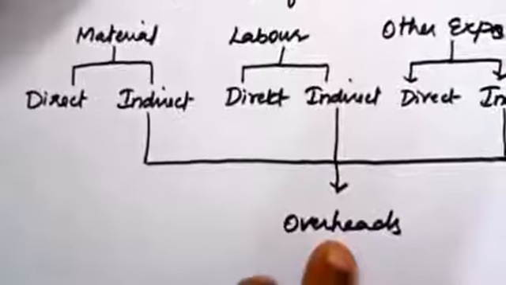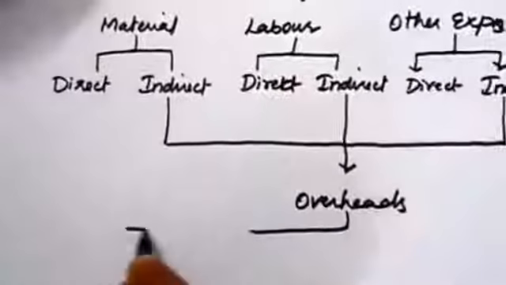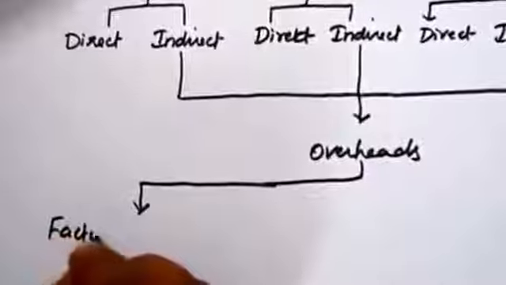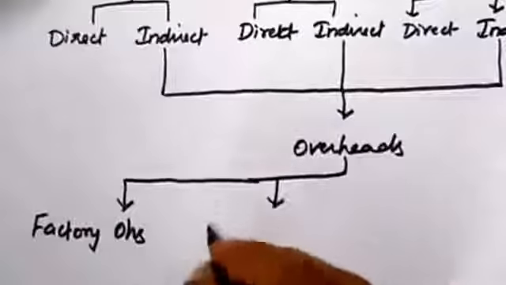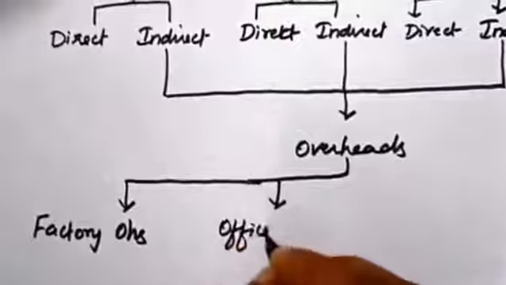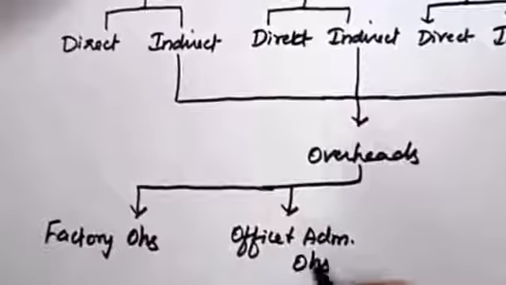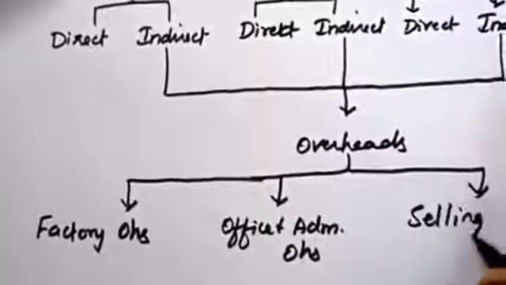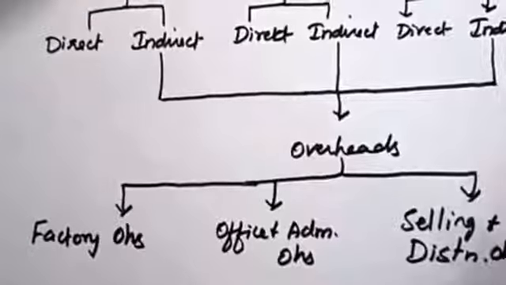Again, overheads are classified into three categories. Number one is factory overheads, second one office and administrative overheads, third one selling and distribution overheads.